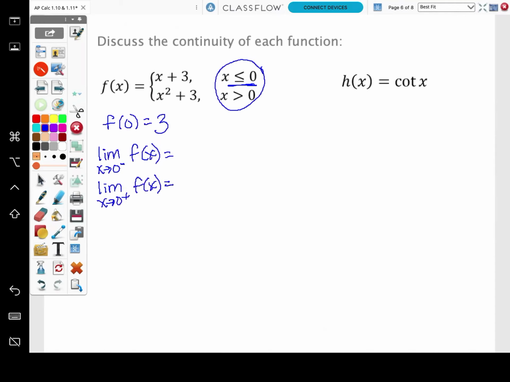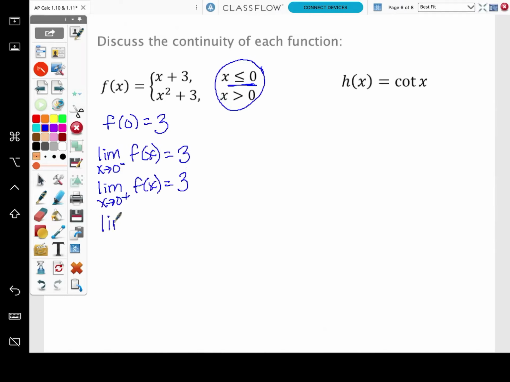When I do that, limit from the left, I'm using the top branch, so I plug in 0 there and I get 3. And then limit from the right, I use the bottom branch and I plug in 0 there, knowing it's an open circle, but limits can be open circles. Plug it in there and I also get 3.